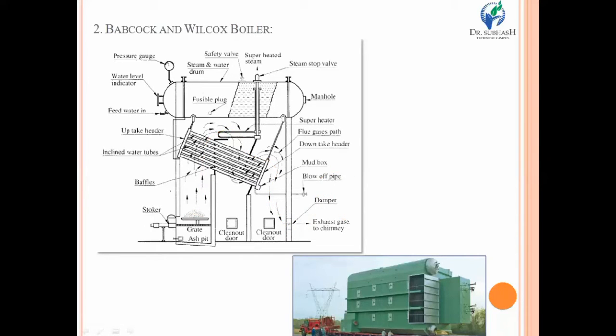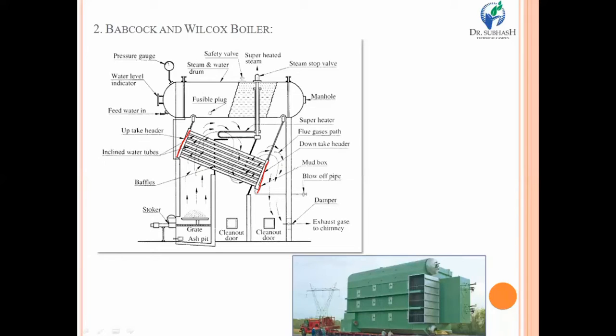Now, if you look on the top of the grate, there are a number of inclined tubes arranged here, and those particular parts are known as the heat exchanger or evaporator. You can see that such a number of tubes are arranged at both of the ends with the help of uptake and downtake headers.